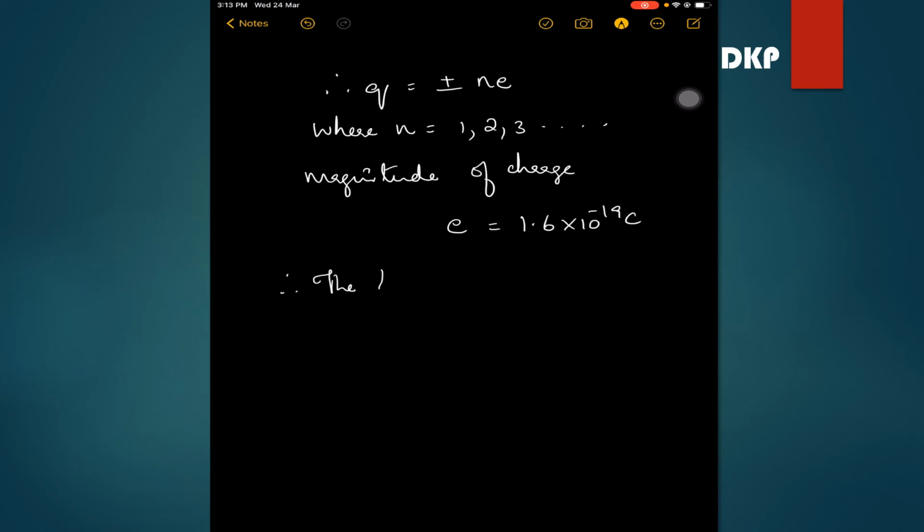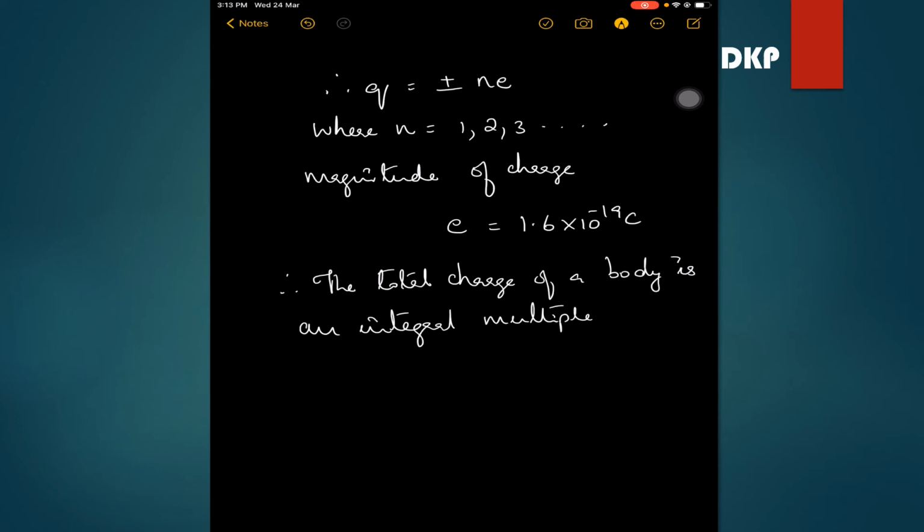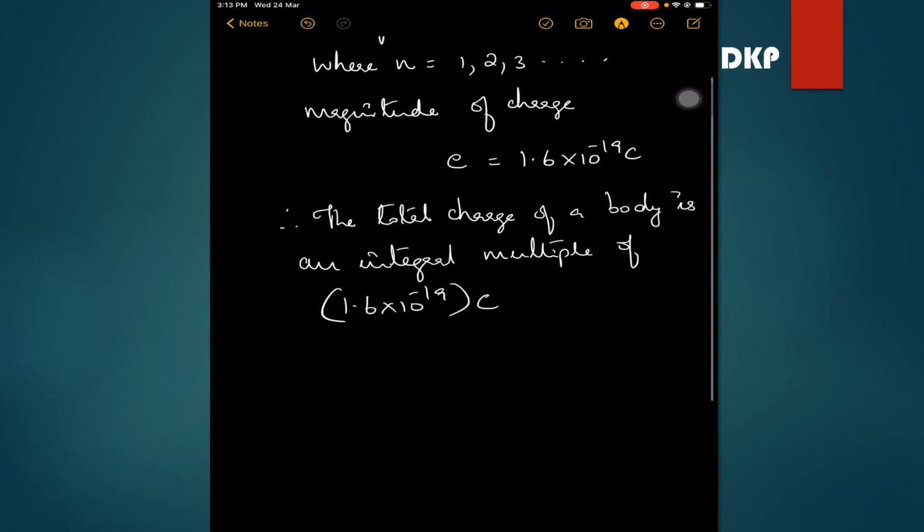Either the body can lose n number of electrons or it can gain n number of electrons, but never the fractional values.